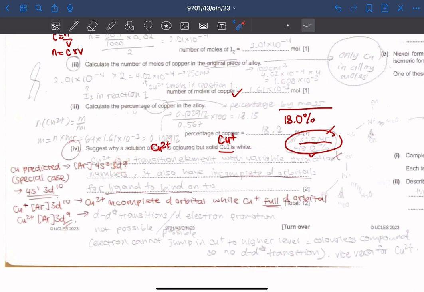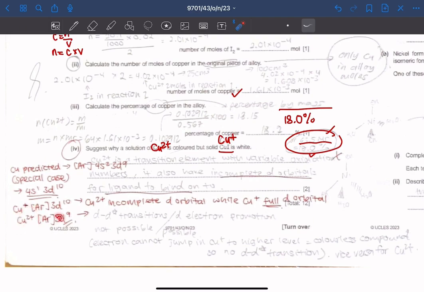Variable oxidation states are present because of the incomplete d orbital. Then for Cu+, the electronic configuration is 4s1 3d10, which is a special case where the d orbital is complete.